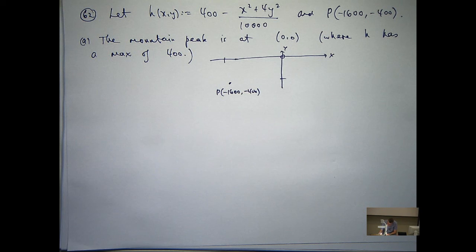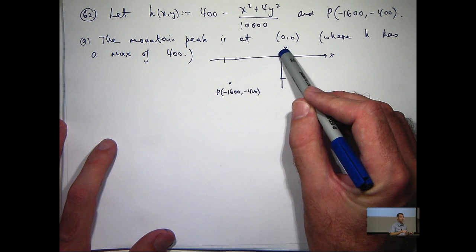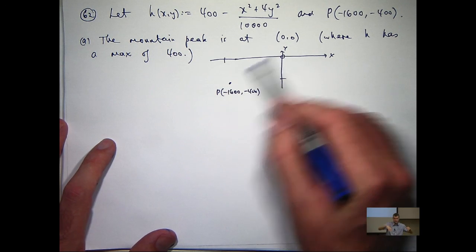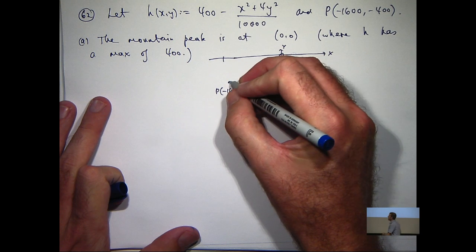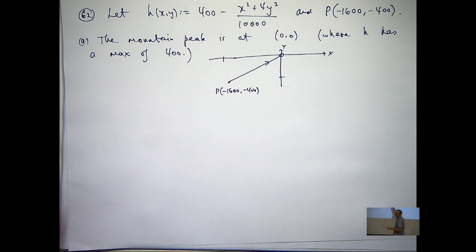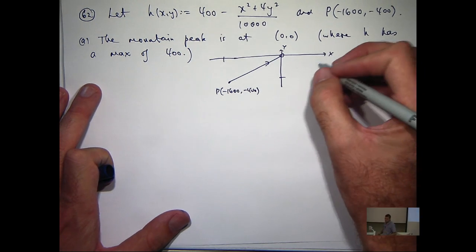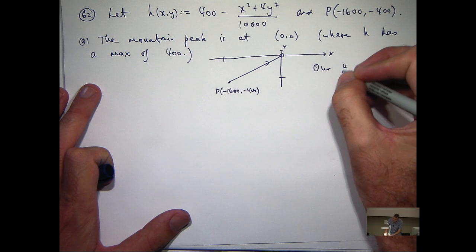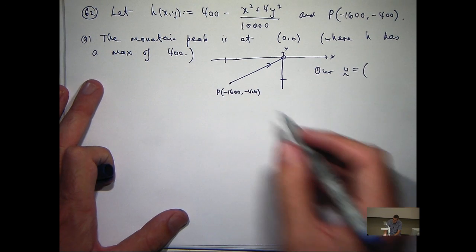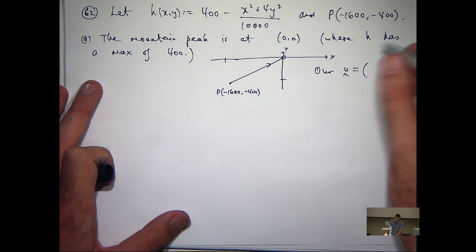Yeah, you're right, but technically speaking, you'd want to have the whole vector in here, right? So the vector would be something that starts there and is pointing that way, 1600, 400.